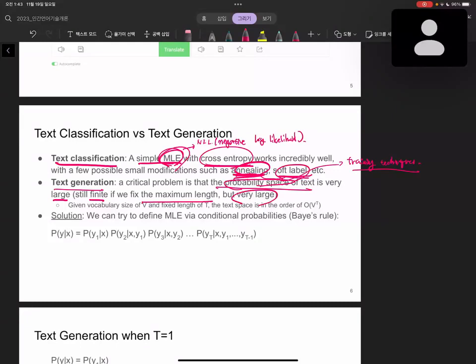So that is a much more difficult problem than text classification. For example, given vocabulary size V and fixed length T, the text space is on the order of O of V to the T, which is very large, almost intractable.